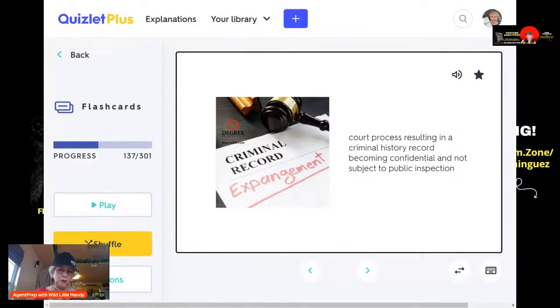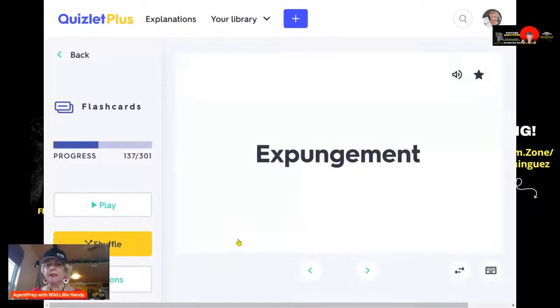So what is that court process that results in protecting the information, making it confidential? Because most everything becomes public. No answers. Expungement. Boy, that would have got me. I didn't think about expungement.